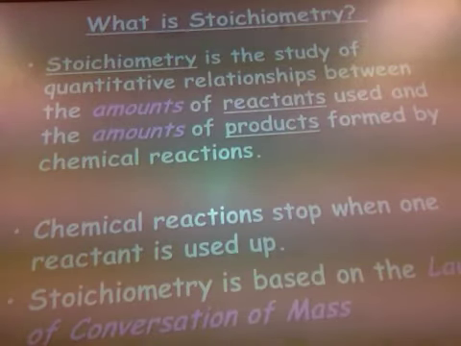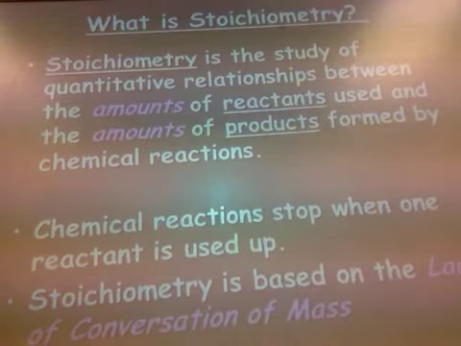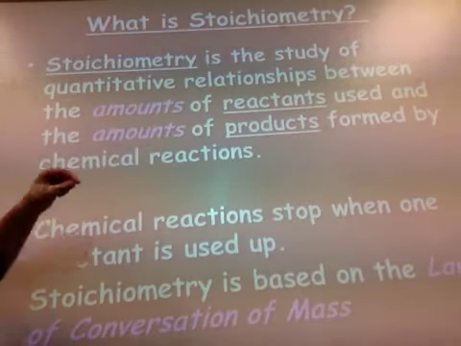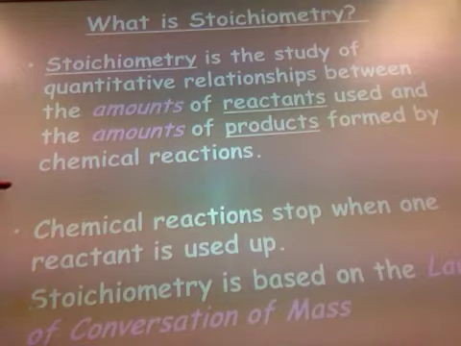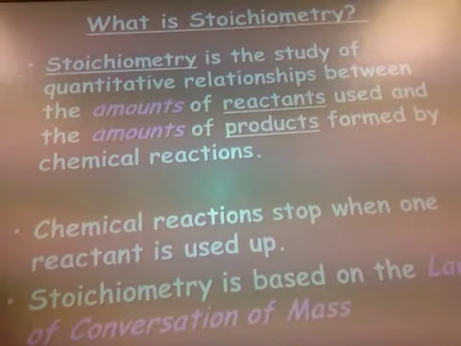Okay, so what exactly is stoichiometry? Stoichiometry is the study of quantitative relationships between the amounts of reactants and the amounts of products in a chemical reaction. Doing chemical reactions was really looking at qualitative relationships.